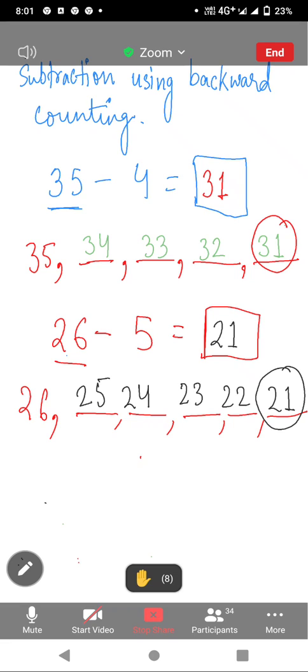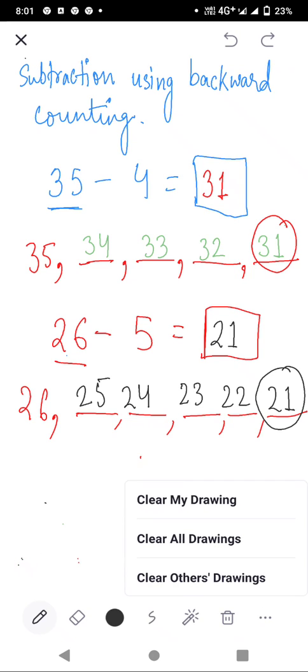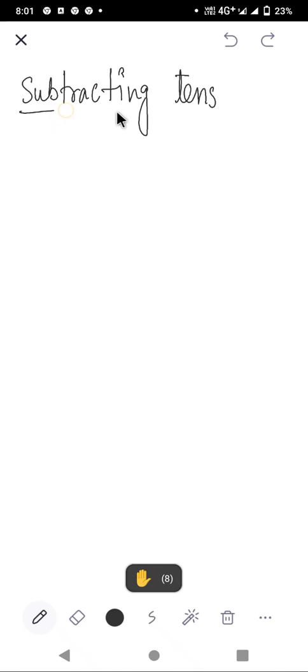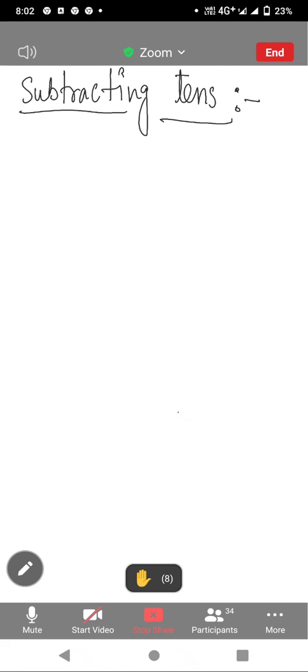Now subtracting tens. How we subtract tens from a given number? So student, do you remember when we subtract 0 from a number, what we get?